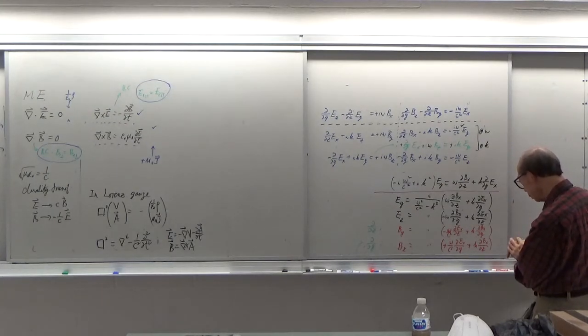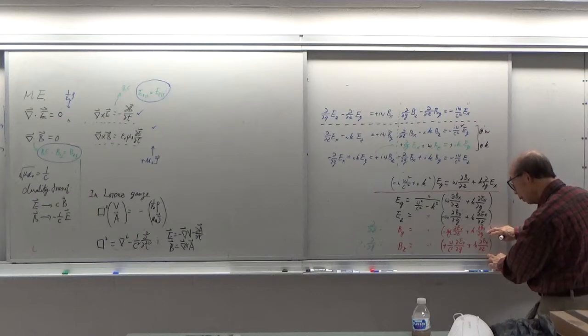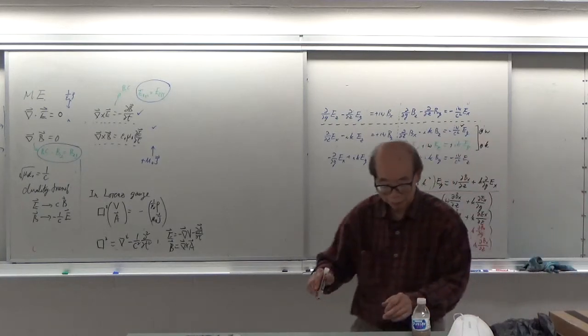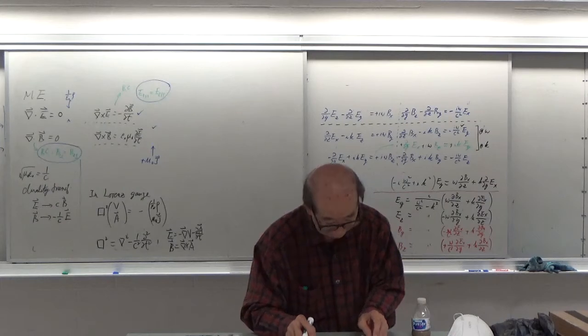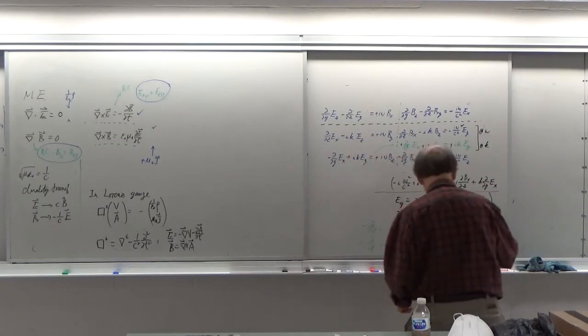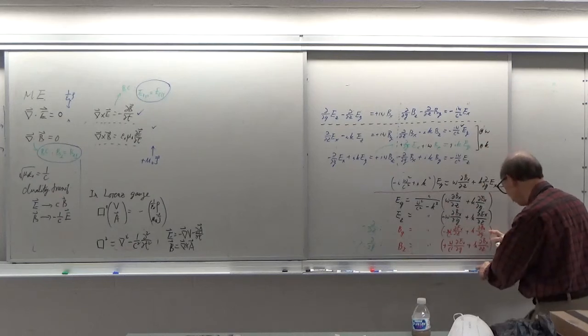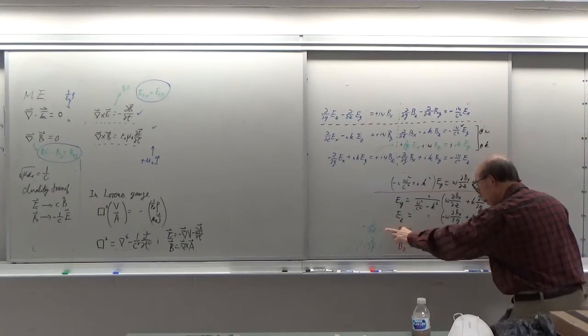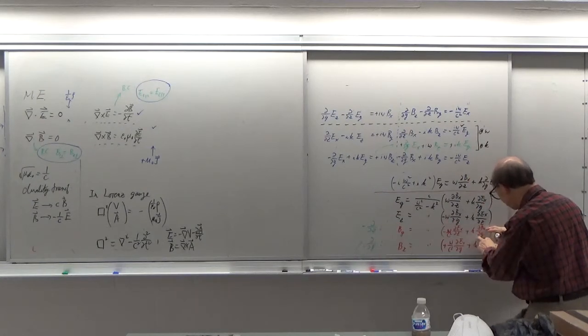I want one of them to be minus, so let me put a minus on here. As far as this term is concerned, after del by del z acts on it, I have both del by del z and del y acting on Bx.